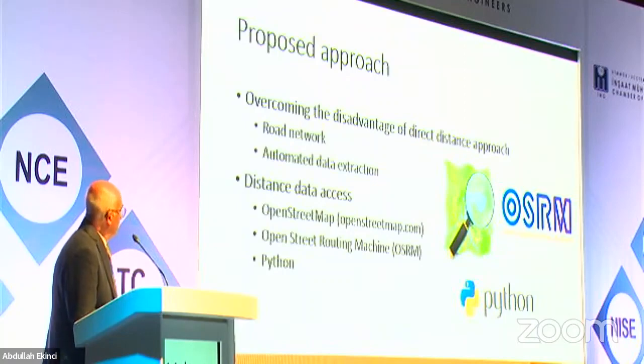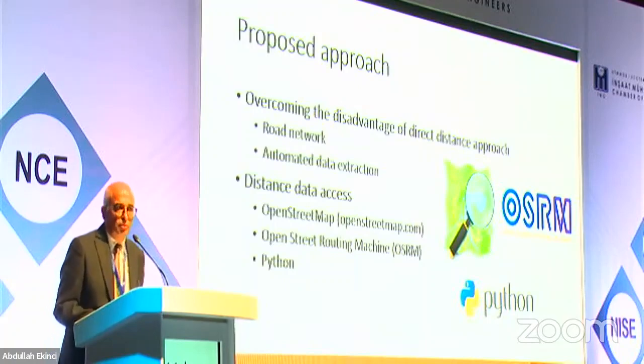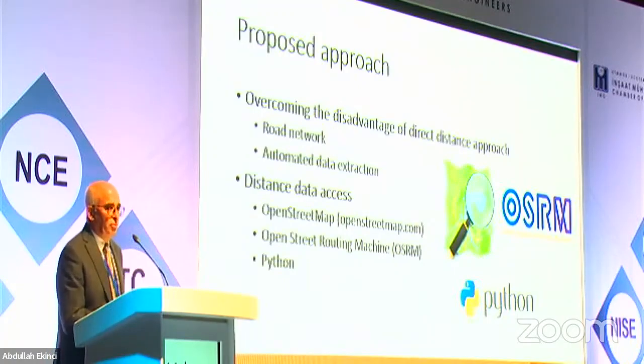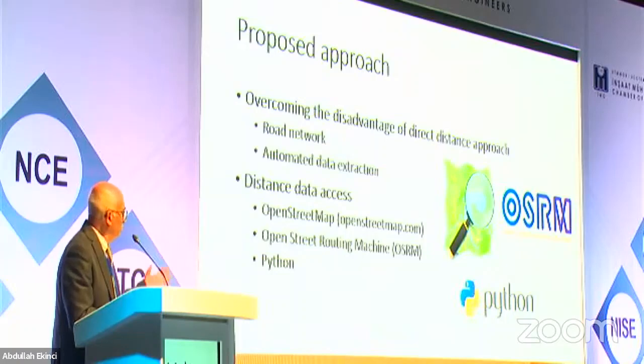Okay, and in order to do that, we decide to use OpenStreetMap. I don't know how many of you are familiar with OpenStreetMap. It is freely available. It's the largest volunteer-supported system. And there's a tool, OSRM, Open Source Routing Machine. It's very fast.